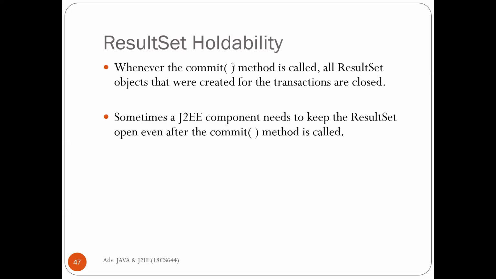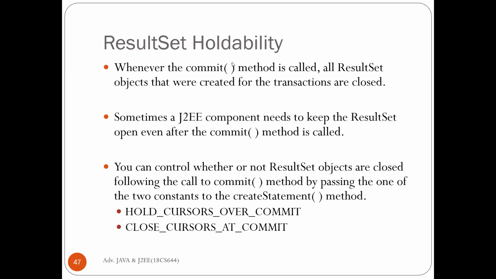So the next concept we have is the result set holdability. Whenever the commit method is called, what happens? When we call the commit method, all the database operations become persistent, they get saved. Then all result set objects that were created for a transaction will be closed.